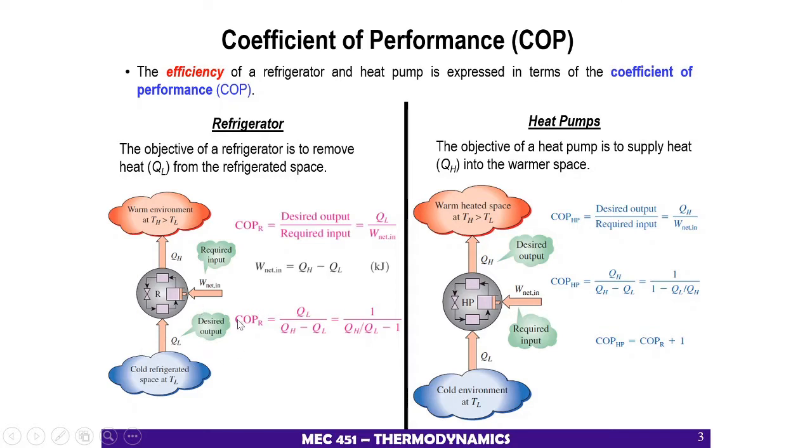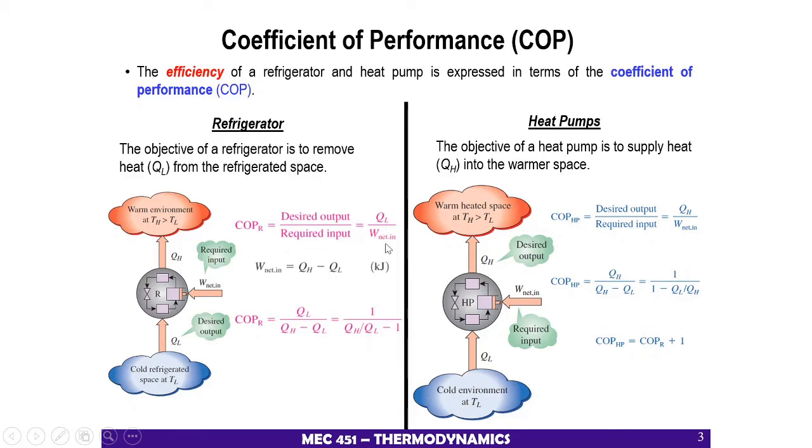So this is your desired output, and this is your required input, because you want the heat absorbed from your refrigerated space. Normally this output we put at the top, divided by your work. So how much output you get per net work in. From this equation you get your COP, coefficient of performance.